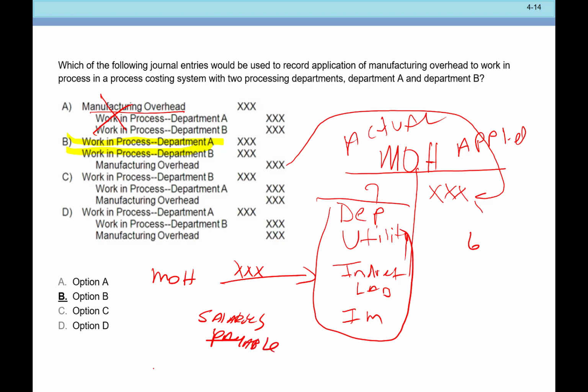I would credit what? Utilities payable? And debit the manufacturing overhead for the utilities, right? If it's indirect materials, I would credit what? Raw materials?